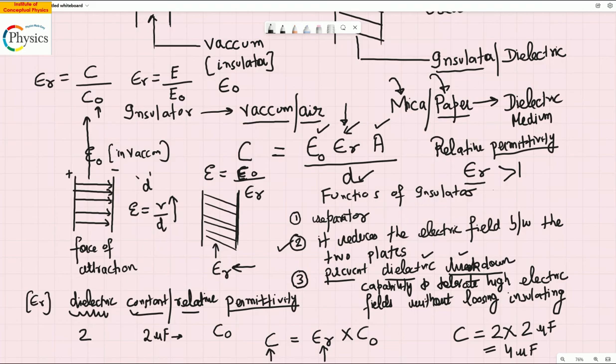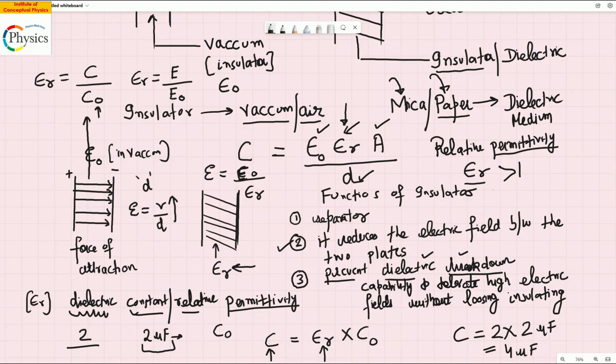Permittivity is 2, it has no unit, but capacitance is 2 microfarad. So I hope it is clear. Some basics of capacitance are clear. This last part of dielectric is a bit complicated, but your key takeaway is that if you see a question that has a dielectric mentioned, you will know immediately that the capacitance will go up because we are introducing a material between the two plates.